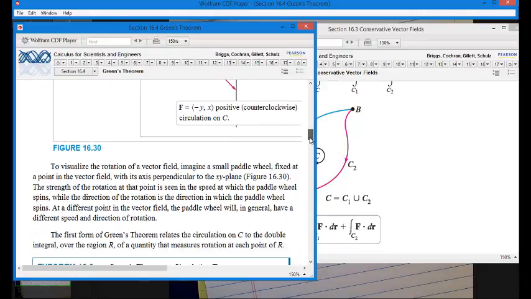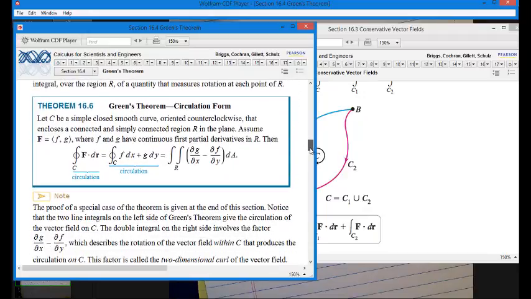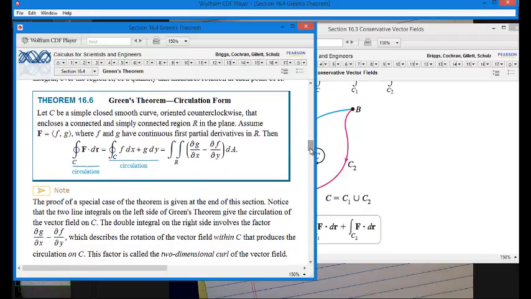Interesting. They say visualize it as a paddle wheel. Anyways, their circulation form of Green's theorem, you'll notice that I didn't list the first component. I listed the second equality, right, as what I think of as Green's theorem. Honestly, that's kind of easier computations to do than the dot product thing. Okay.